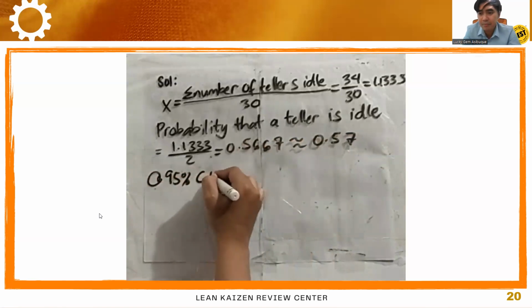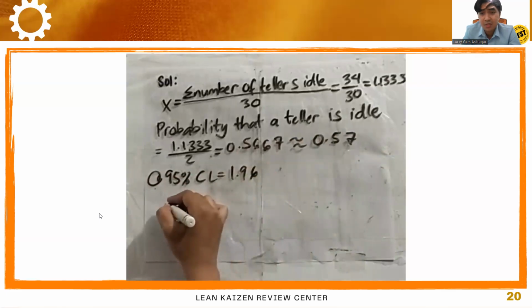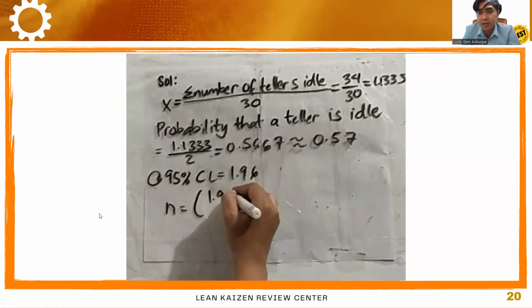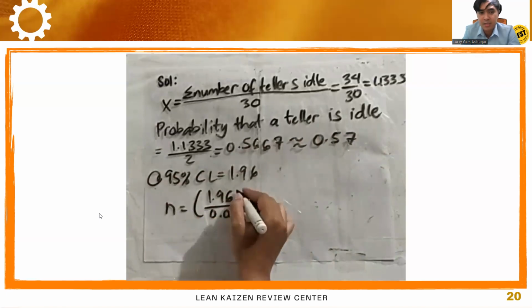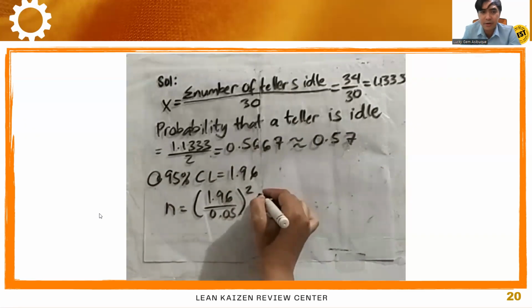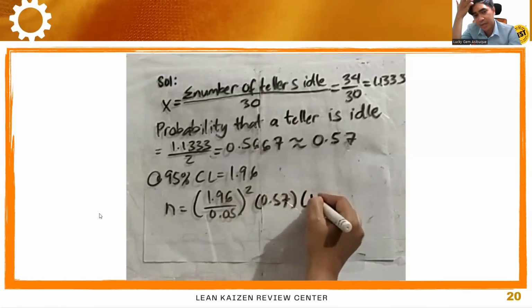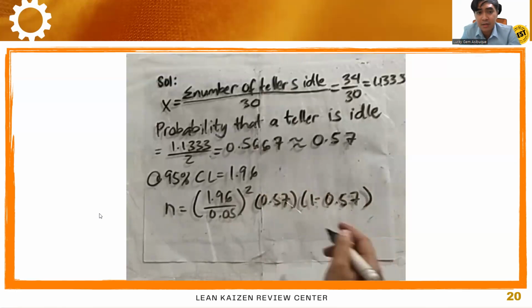So at 95% confidence level, the z value is 1.96. So we can now use the formula of the sample size. So n is equal to z, 1.96, over the accuracy, 5% or 0.05, multiplied by 0.57, the probability that the teller is idle.